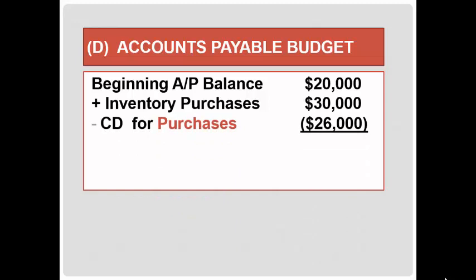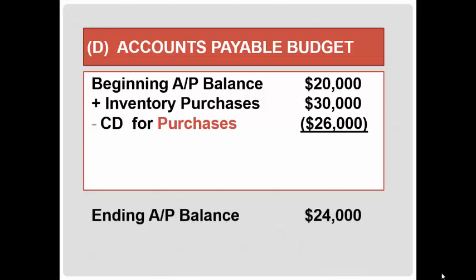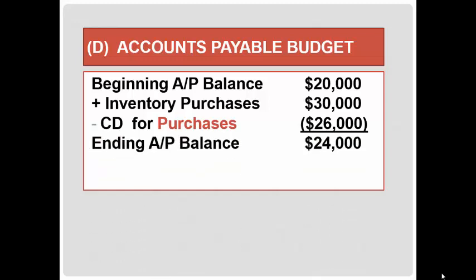Then cash disbursements for purchases are $26,000. Notice this is not total cash disbursements of $56,000, but just the disbursements for purchases, because that's all that flows through the accounts payable account when it's a trade accounts payable, meaning it's for inventory. That's going to leave us an ending accounts payable balance for our budgeted balance sheet at $24,000.